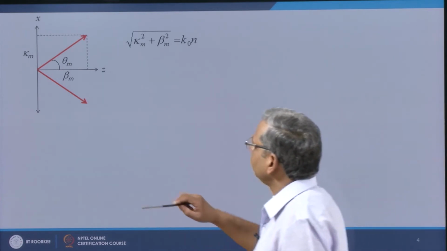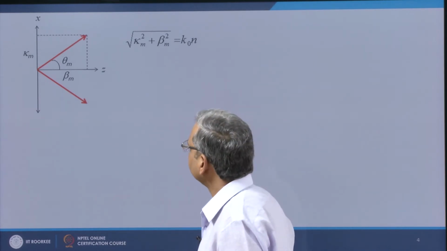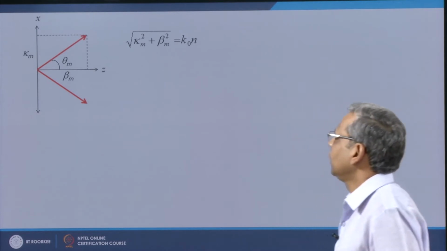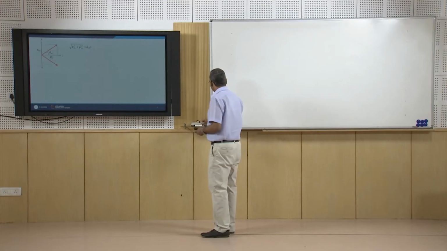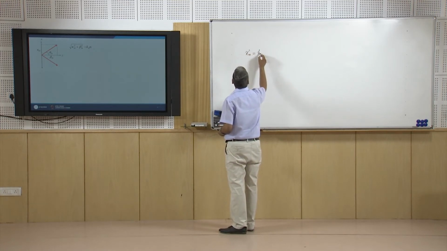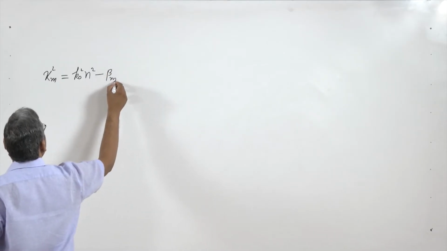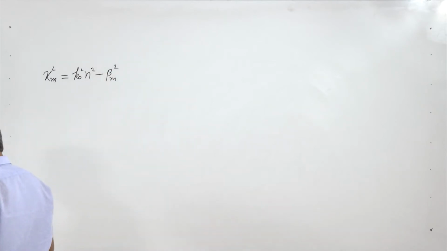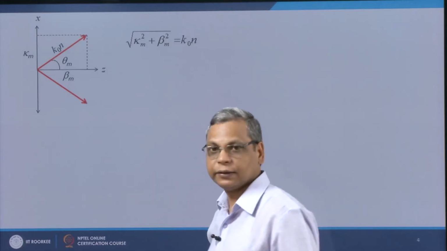If I now do the square root of kappa m square plus beta m square, it comes out to be k naught n, because you remember that kappa m square is equal to k naught square n square minus beta m square, which means that this is indeed k naught n.